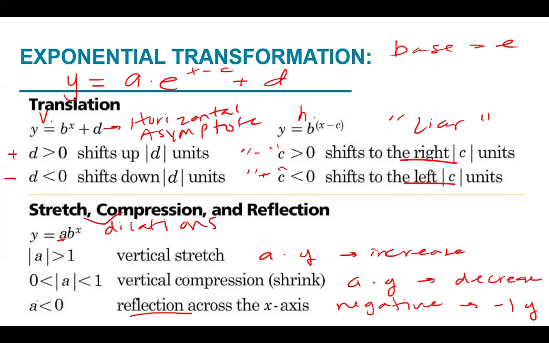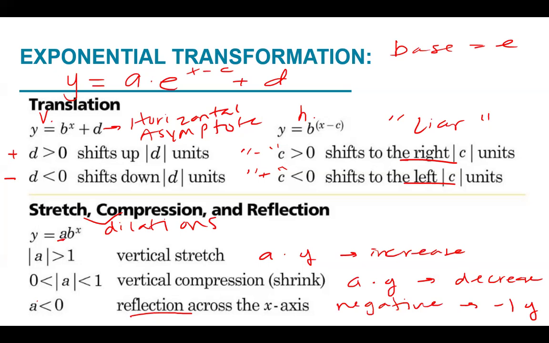So if my Y is negative, a negative times a negative makes a positive. If it's already positive, then it's going to become a negative. I've seen kids do a reflection and they'll leave Y values alone that are already negative. I'm like, why did you do that? Like, well, it was already negative. Yeah, but you're multiplying it by -1, which means that if I'm already negative, I'm going to become a positive. Okay.